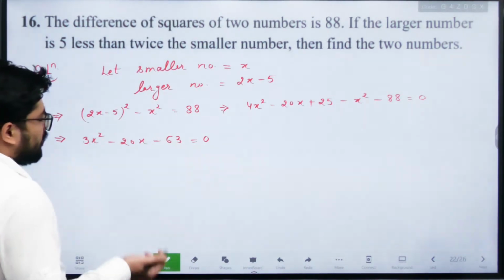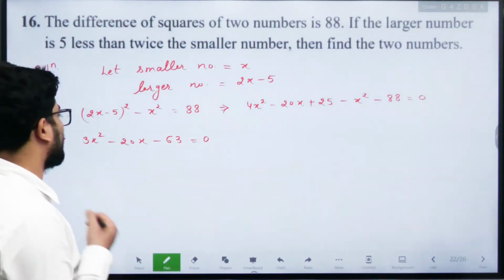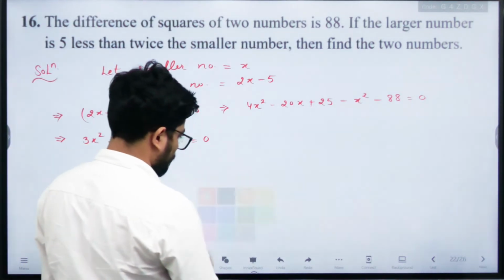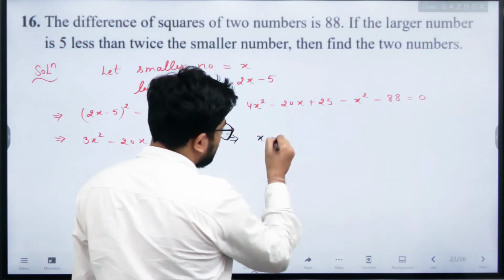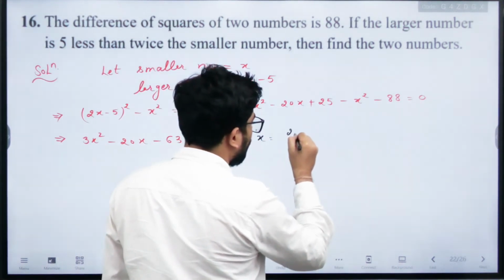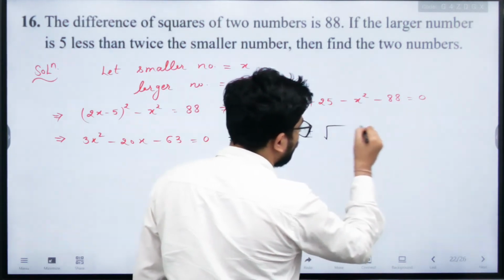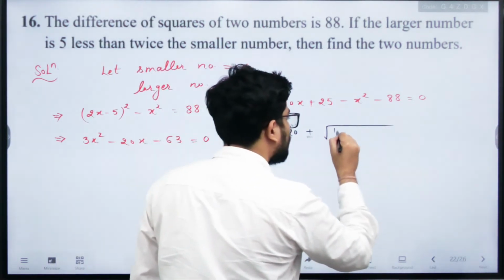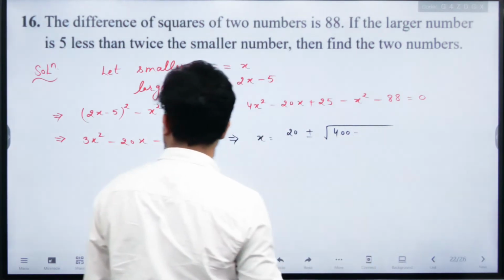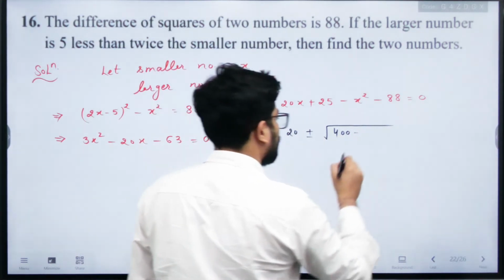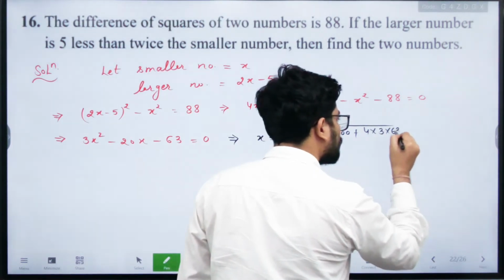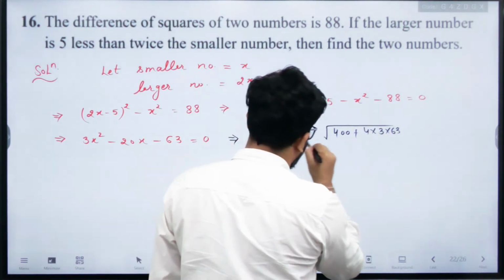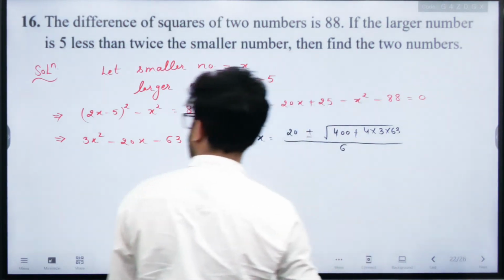Then now you have to calculate the value of x. So x is equal to minus b plus minus under root b square minus 4ac, that's plus 4 into 3 into 63, divided by 2a, which is 6.